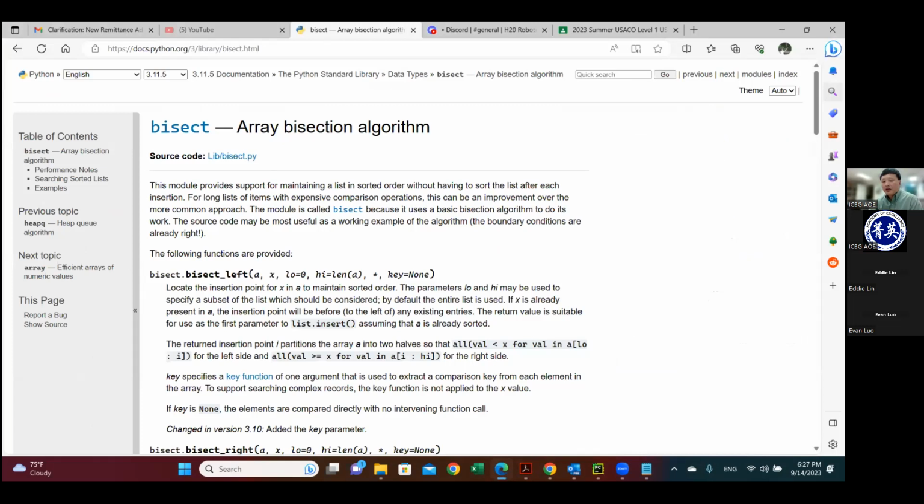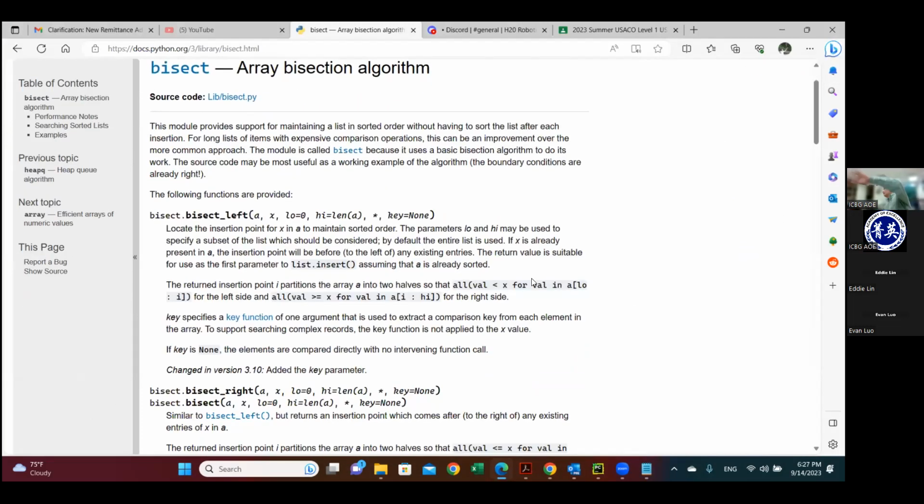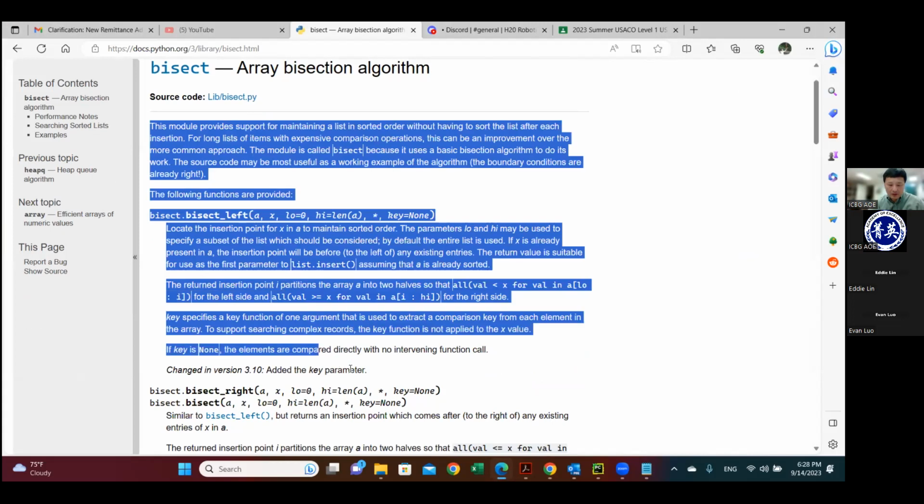You guys may not have used this before. This is just built on binary search. So you see here. Can you guys read this part from here to here?